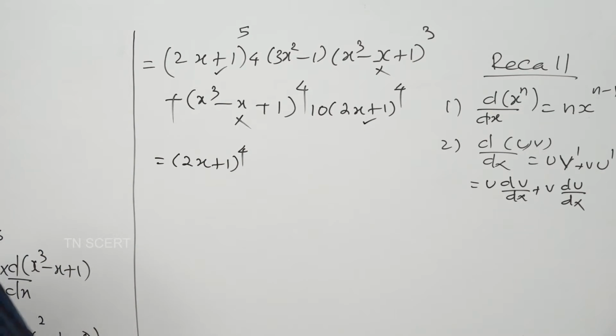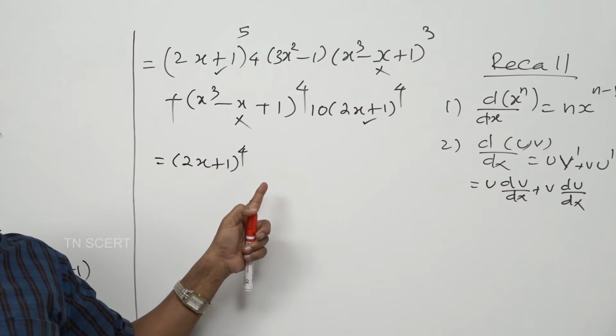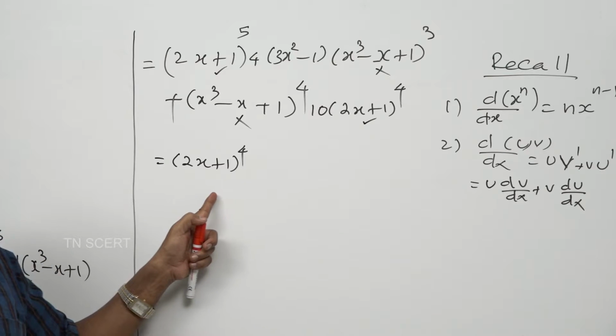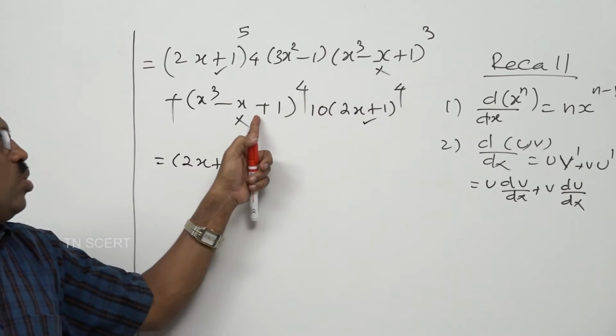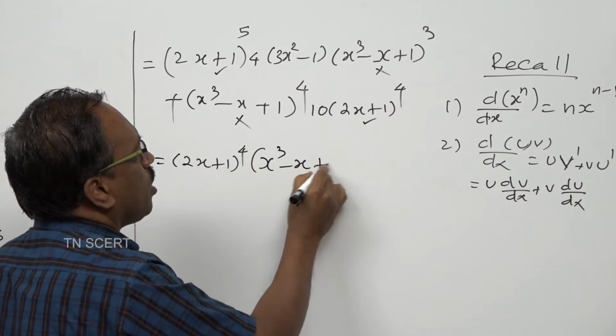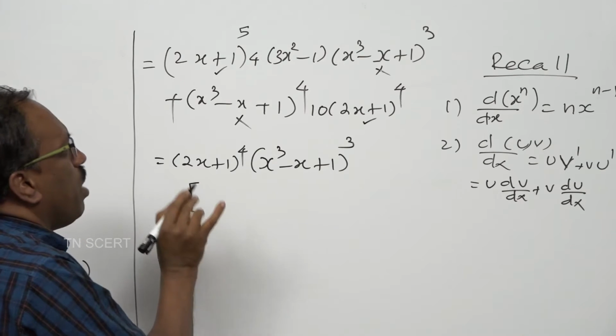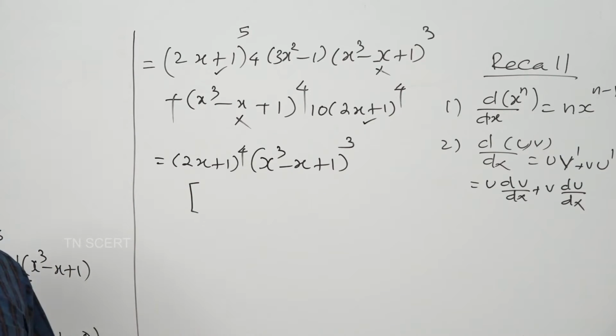Remember that. Among these two this is the lower power, the least power that I have taken, and in these two x cube minus x plus 1 whole cubed. Now I am going to write the remaining part.